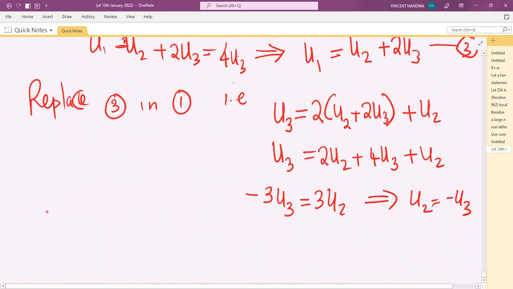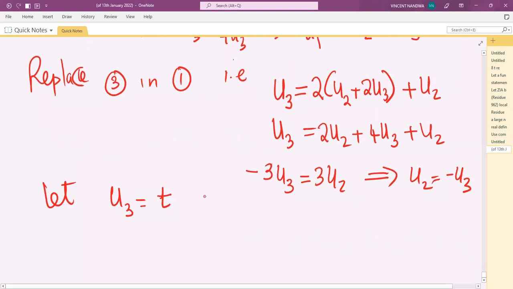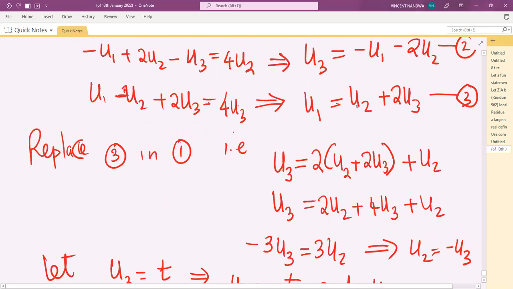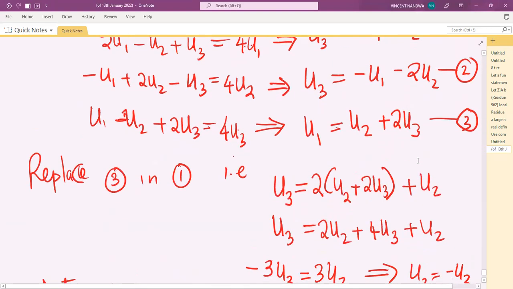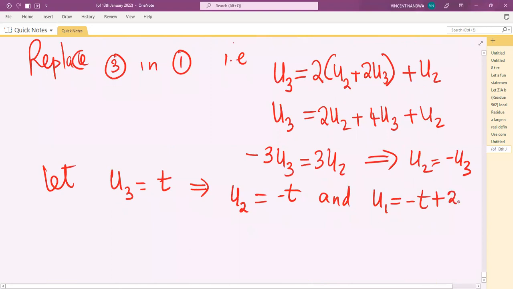So let us fix U3 to be T. Then this implies that U2 will be negative T and U1 will be given by U2 plus 2U3, so U2 which is negative T plus 2T.